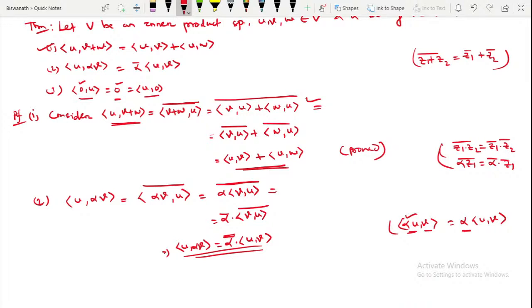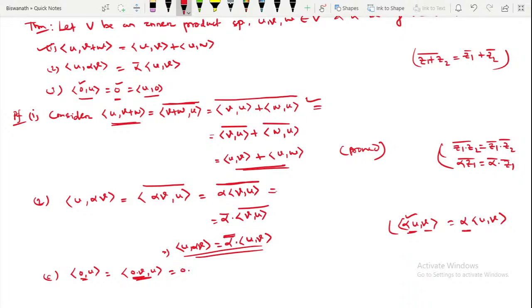So now come to the third property. ⟨0, u⟩, we can write in place of 0 as 0 times v, because 0 times v is 0. So now this is in the form ⟨0·v, u⟩.